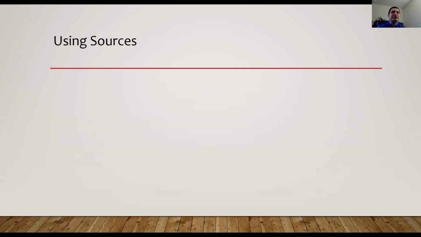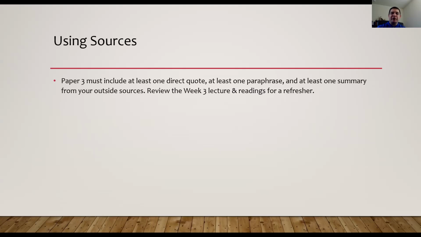Last topic I want to touch on today is how to use sources well. And I want to highlight a particular requirement in paper 3. For the 2 outside sources you have, you need to have in your paper at least 1 direct quote, at least 1 paraphrase, and at least 1 summary.